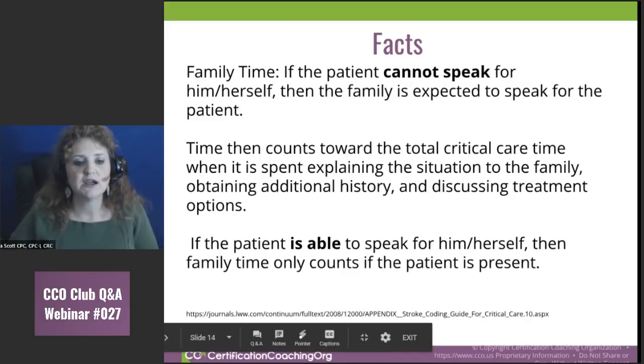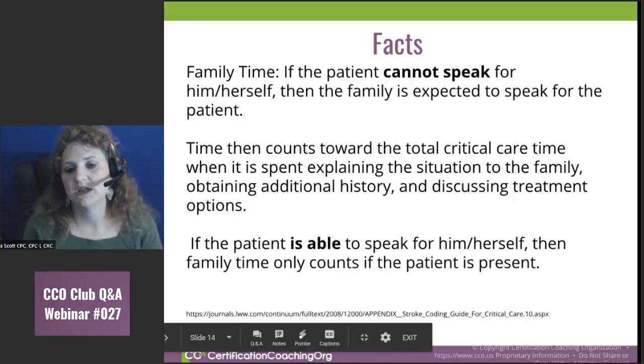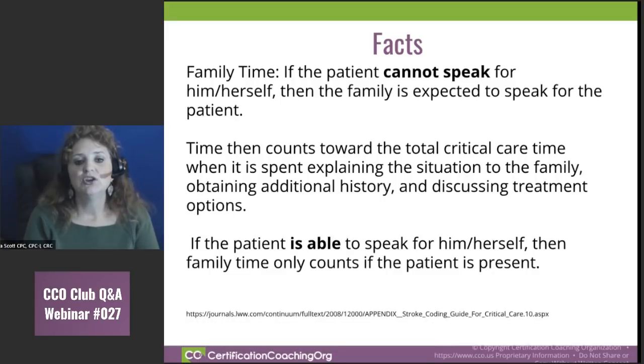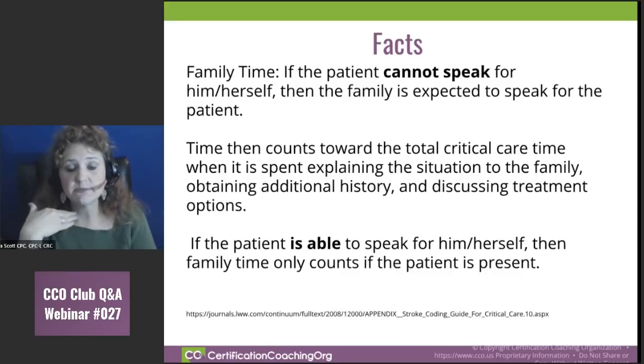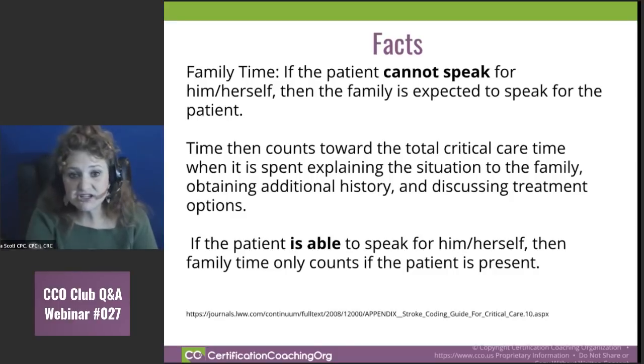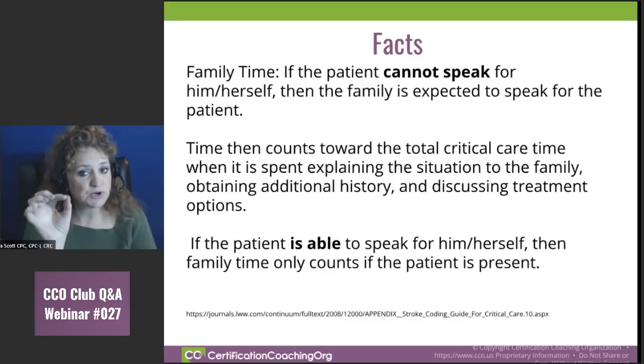So moving forward, what about family time? If you need to talk to the family because the patient cannot speak for themselves because maybe they have been intubated, maybe they're not conscious, they're not alert and oriented, then the time that you spend talking with the family counts towards your time, okay?